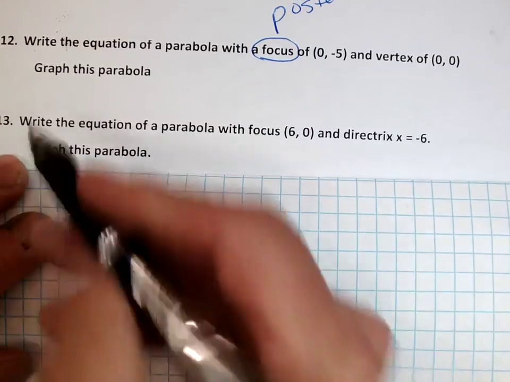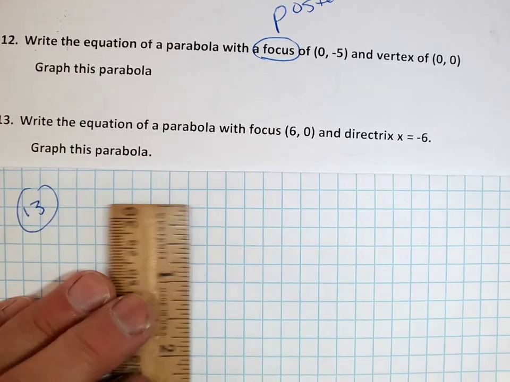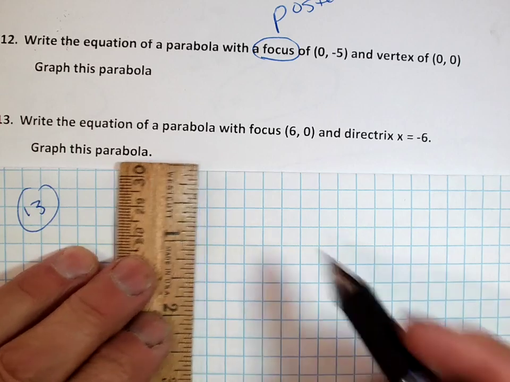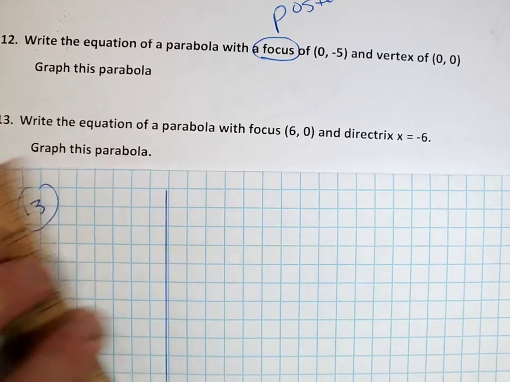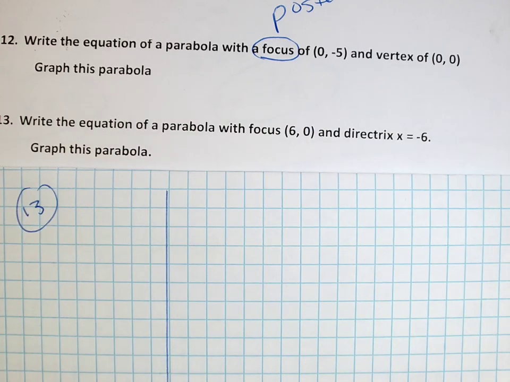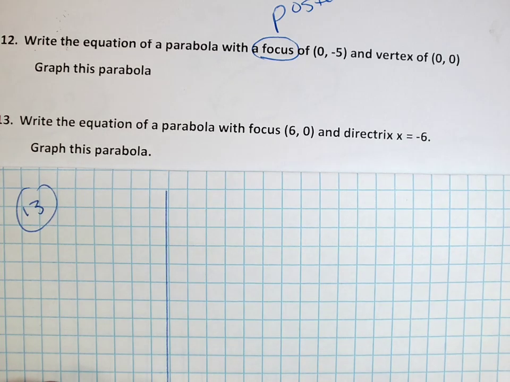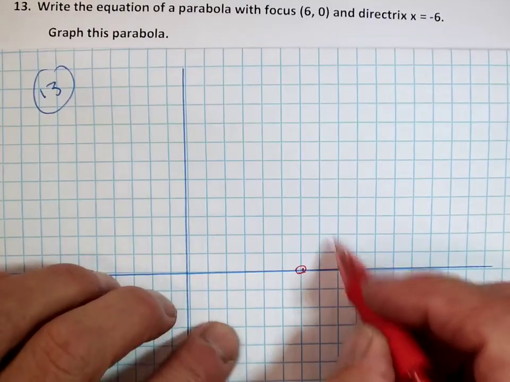Let's look at 13, all right? So again, I like to start by graphing it. I've got a focus at 6, 0. 1, 2, 3, 4, 5, 6. There's my focus.